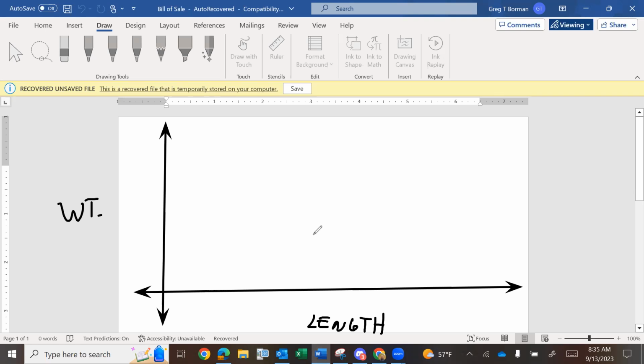So, the length needs to get up to 70 centimeters. I'll go 0 and then 10, 20, 30, 40, 50, 60, 70.